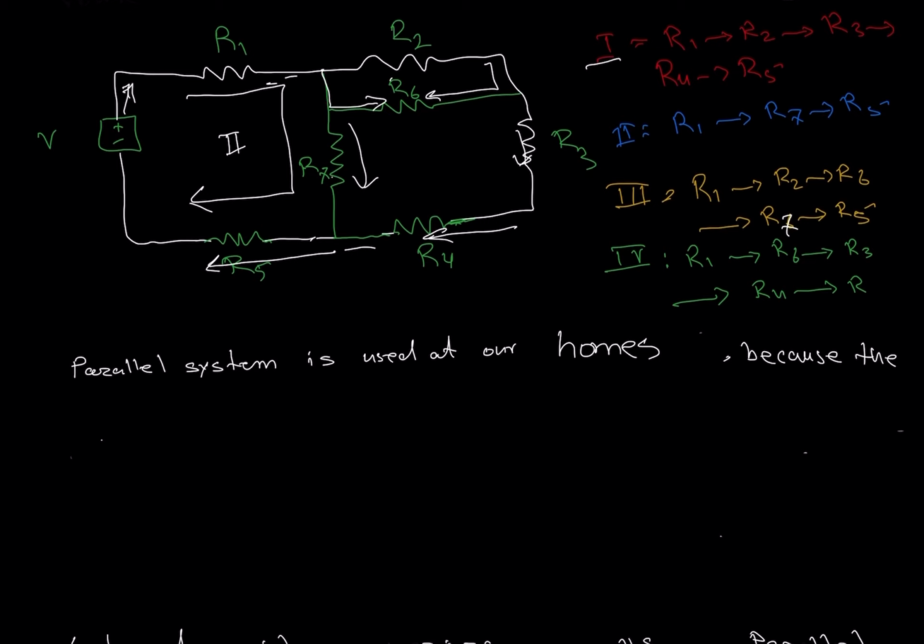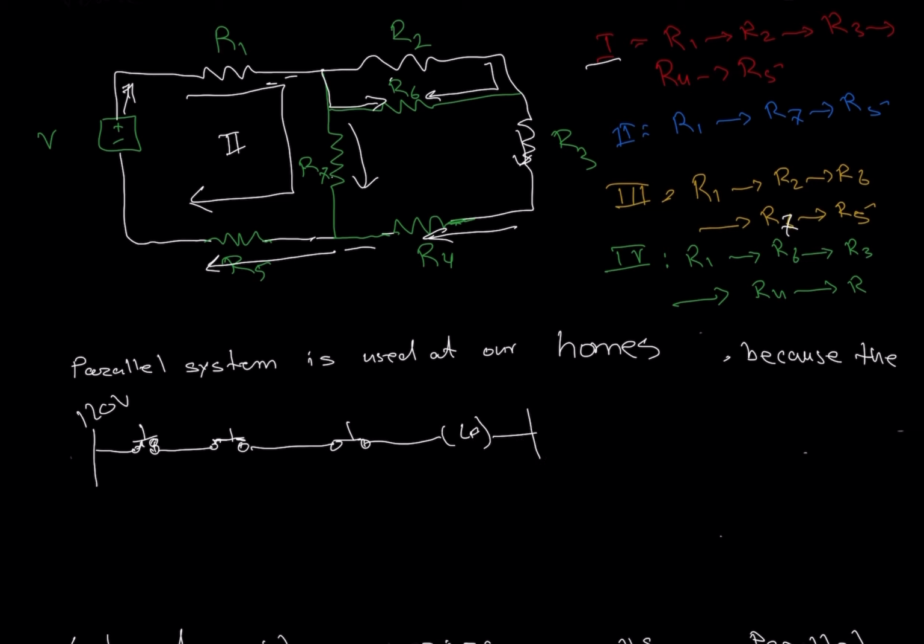To put that example here, if we have 120 volts here, and we have a switch here, then we have another receptacle here, and another receptacle here. Let's say they're closed switches, and you have the kitchen light here, for example.